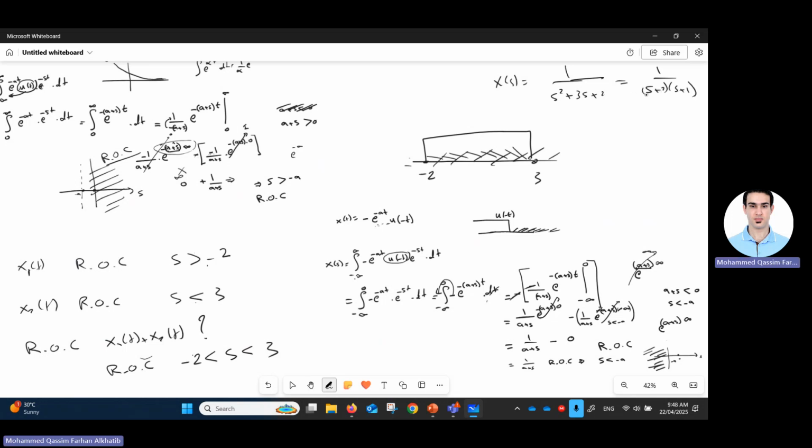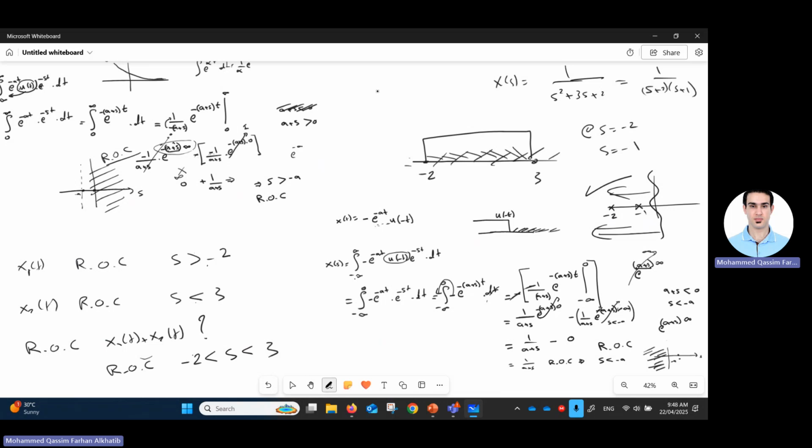Confirm: s squared, s times 2 plus 2s is 3s, 2 times 1 is 2. So I have a pole at s equal -2 and s equal -1. If you go to the s-plane, that's the -1 and that's the -2. So in this case, the system is stable. Why? Because my poles are located to the left of the s-plane.